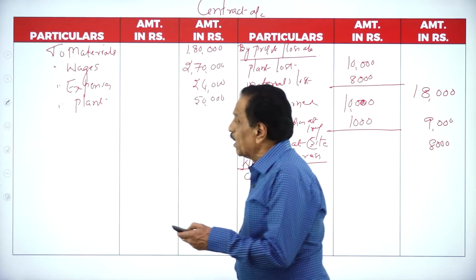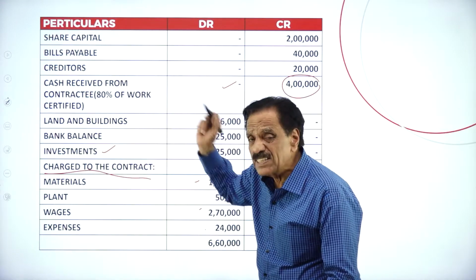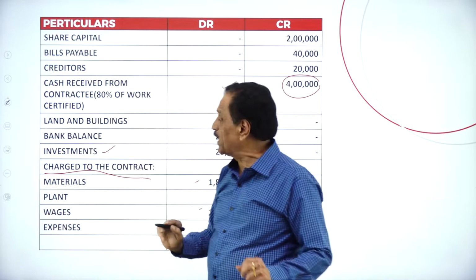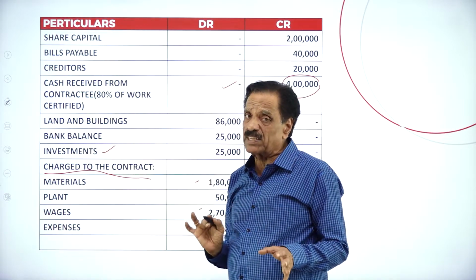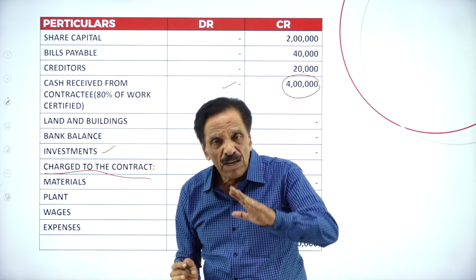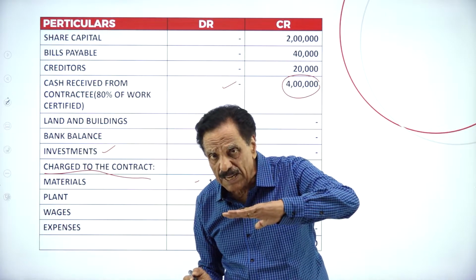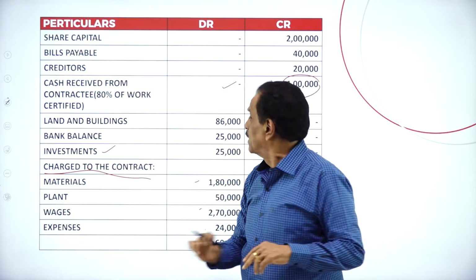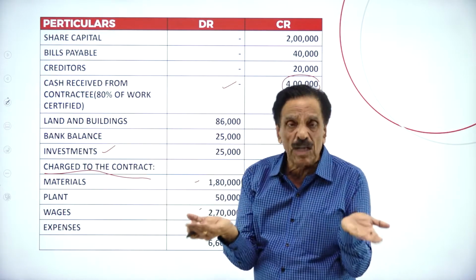I'll tell you how it can be worked out. Here, what is the sentence they have given? Cash received from the contractee, from the owner, 80% of the work certified. We do not know the work certified. If the cash received is 80, work certified is 100. If the cash received is 4 lakh, what would have been the work certified?